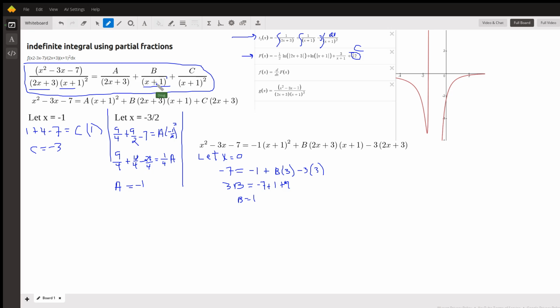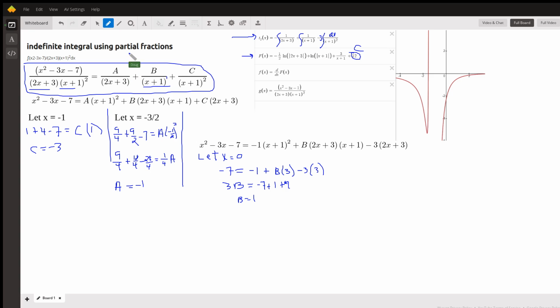And so when we've got this equation, what we do is multiply through by the LCD of all these denominators. So this will become x squared minus 3x minus 7 on the left. When I take that LCD times this first term, the 2x plus 3's cancel out, and I get A times (x plus 1) the quantity squared.